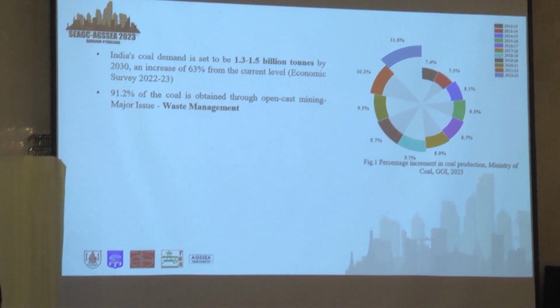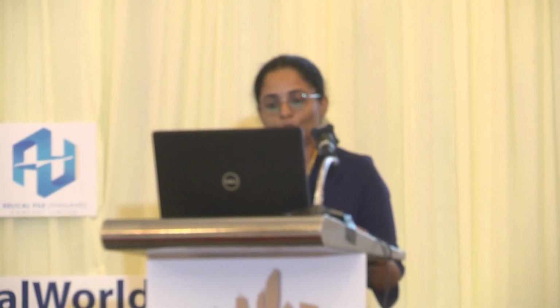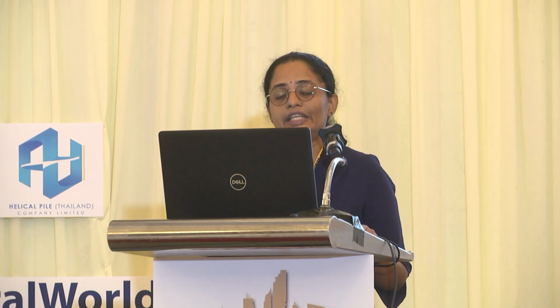As per the economic survey, India's coal demand is said to be 1.3 to 1.5 million tons by 2030, an increase of 63% from the current level. And 90% of the coal produced in India is through open cast mining.